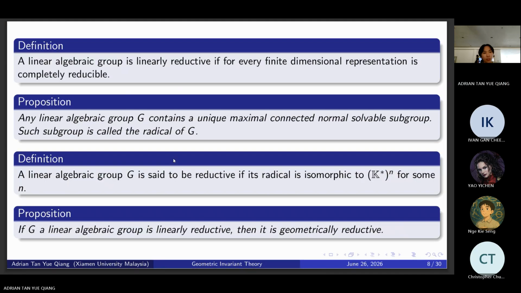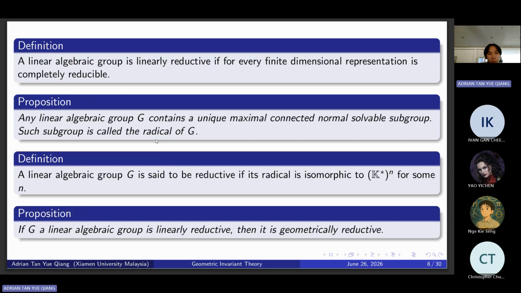As I said, there are a lot of definitions. A linear algebraic group is linearly reductive if every finite dimensional representation is completely reducible, meaning they can be decomposed into direct sums of irreducible representations.